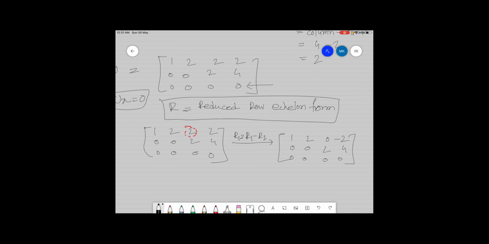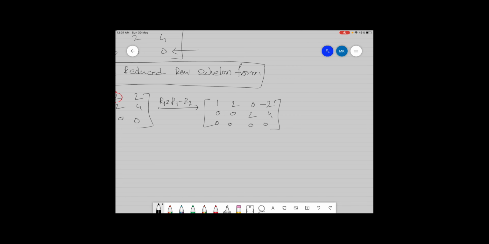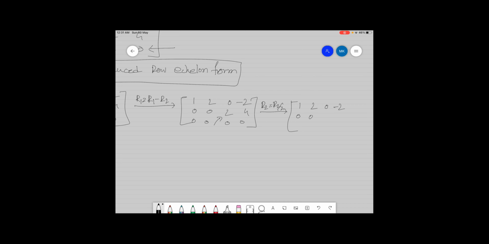You can take another step and get this pivot as 1. So R2 is R2 divided by 2. So 1 2 0 minus 2, 0 0 1 2, and then 0 0 0 0. Now it is even easier to solve Rx equals 0 after this step.